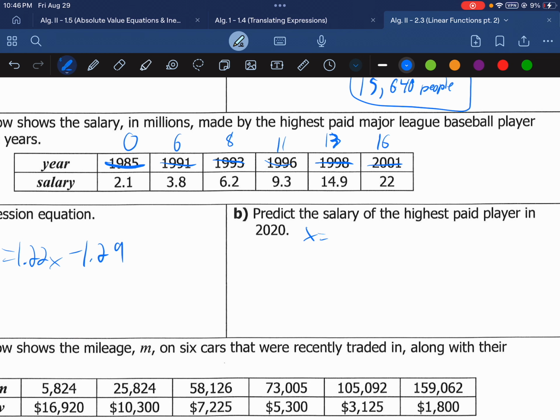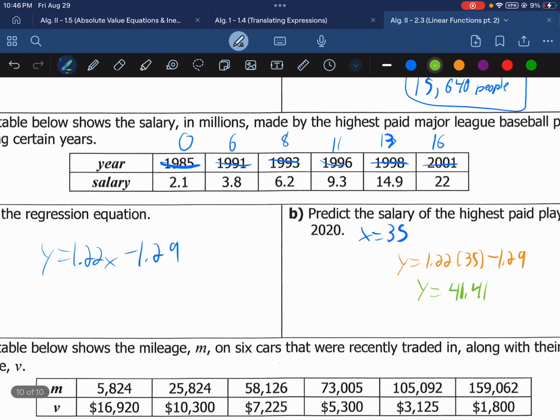And now predicting the salary of the highest paid player in 2020, we'd make x whatever the number of years after 1985 is 2020, and so we do 2020 minus 1985, and x would be 35. So here, as we plug this in, we get y equals 1.22 times 35 minus 1.29. This results in 41.41, and that's in millions of dollars.